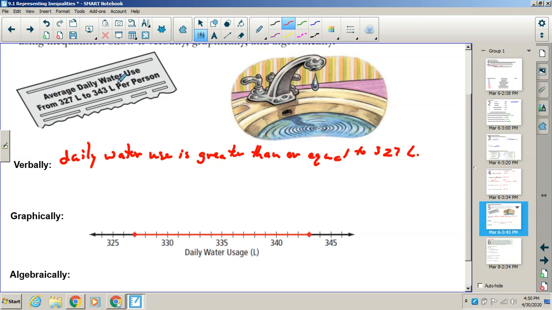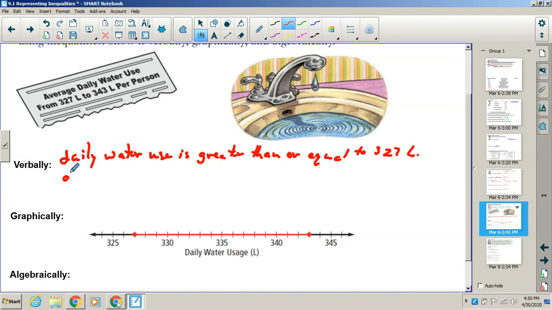So average water use from 327 liters. So it starts at 327 and goes up to 343 and that's as far as it goes. So it's from 327 to 343.